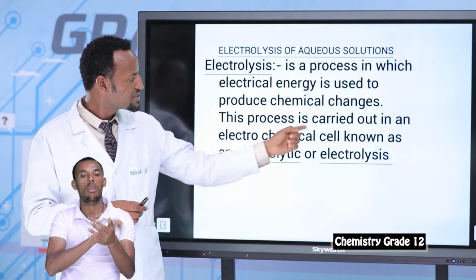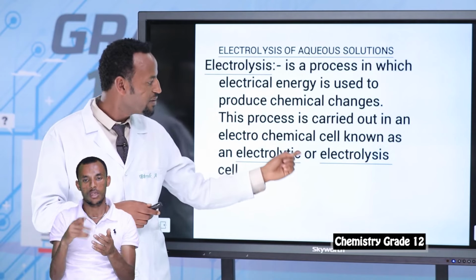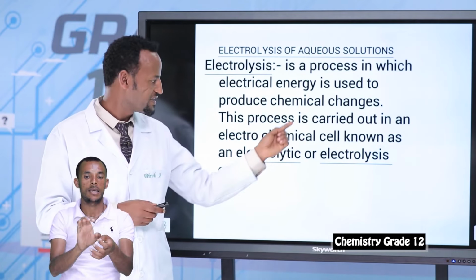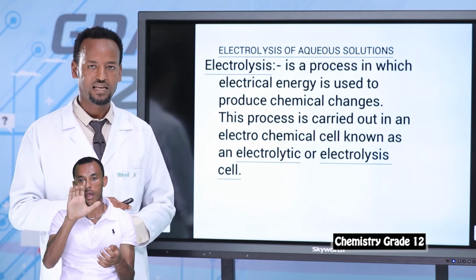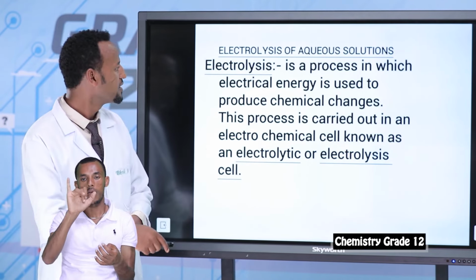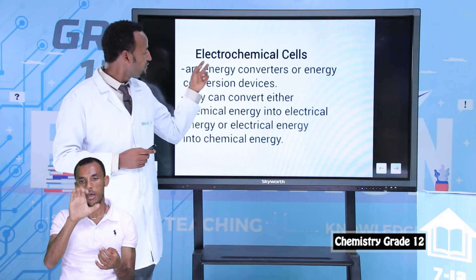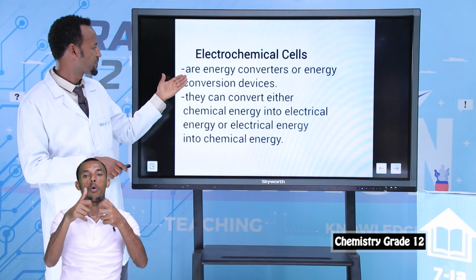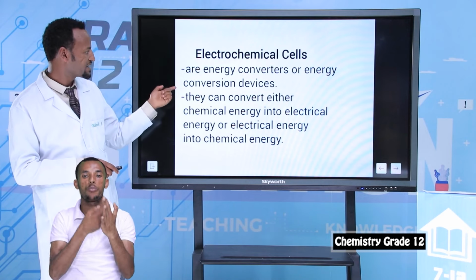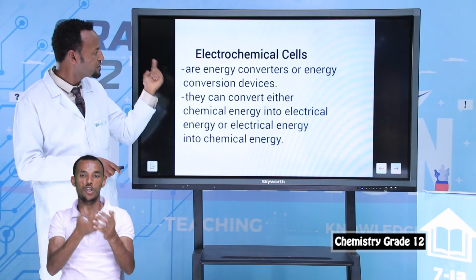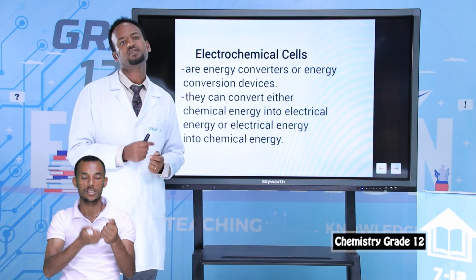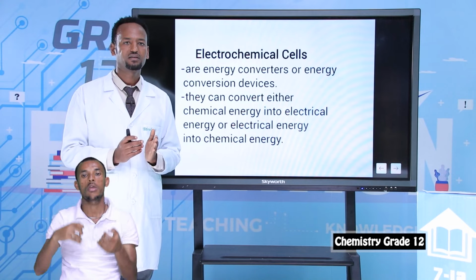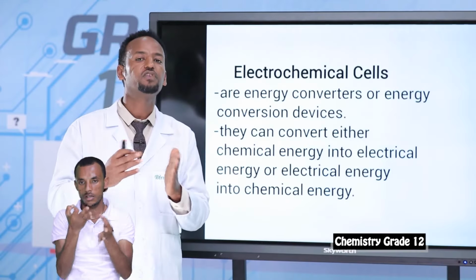Therefore, this process is carried out in an electrochemical cell, known as an electrolytic or electrolysis cell. First, what do I mean by electrochemical cell? Electrochemical cells are energy converters or energy conversion devices. Remember in the first lesson, electrochemistry deals with energy conversions.